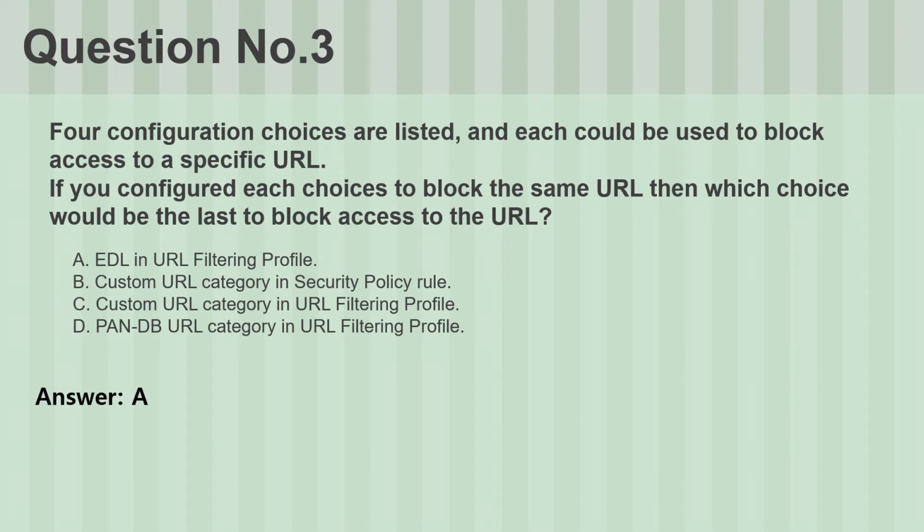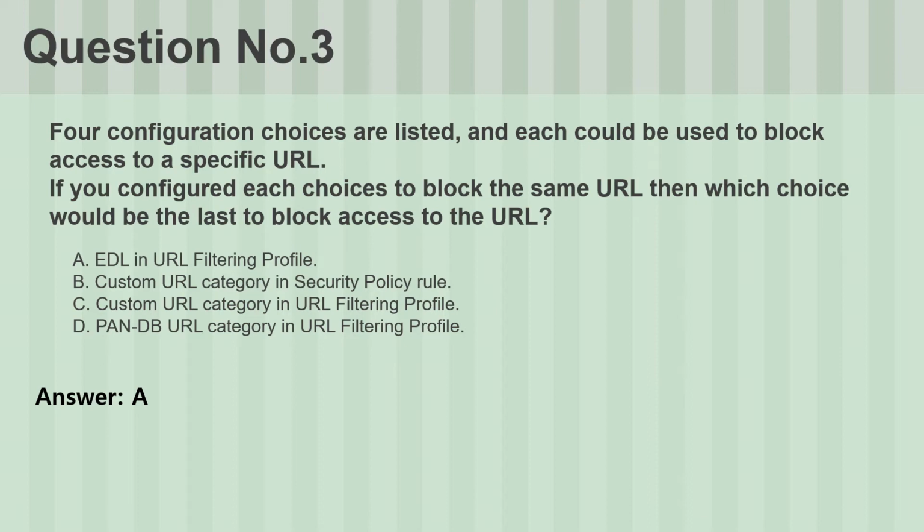Question number 3. 4 configuration choices are listed, and each could be used to block access to a specific URL. If you configured each choice to block the same URL, then which choice would be the last to block access to the URL? A. EDL in URL filtering profile.